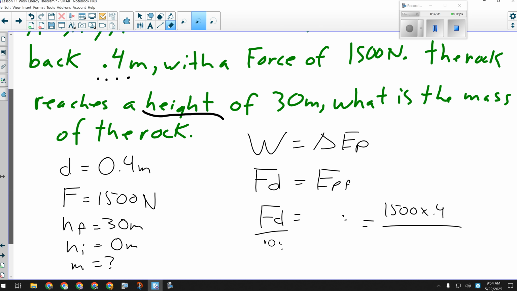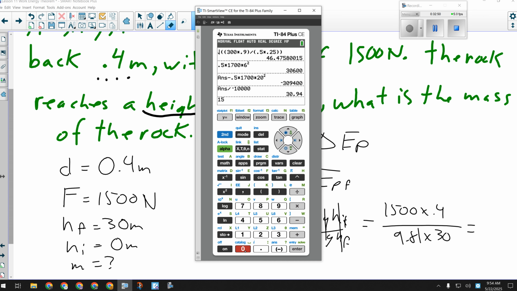I'm going to bring g and hf over, m times g times hf, and I'm going to divide both sides by g times hf. My apologies. So that's going to be 1,500 times 0.4 divided by 9.81 times 30 meters. When we do that, we should get the mass of the rock. So 1,500 times 0.4 divided by 9.81 times 30. It's a 2 kilogram rock.